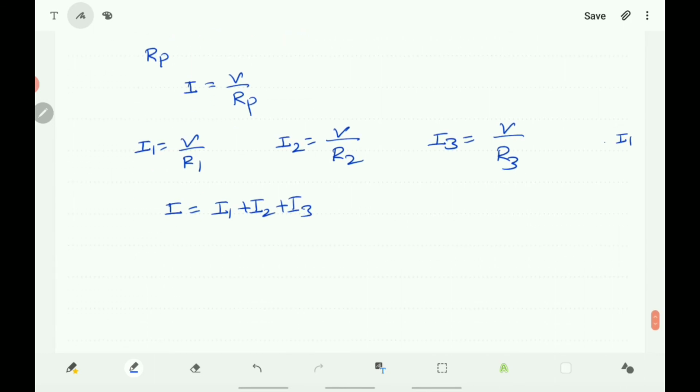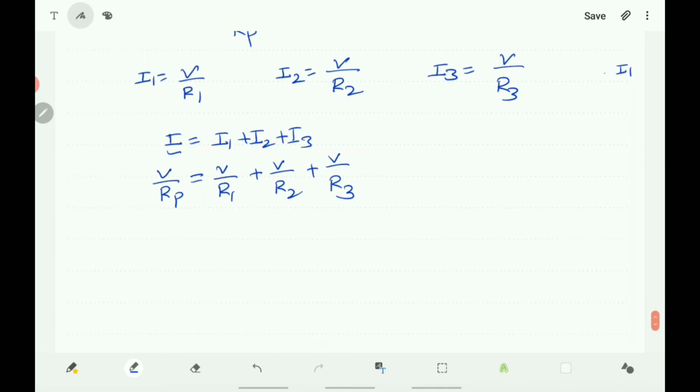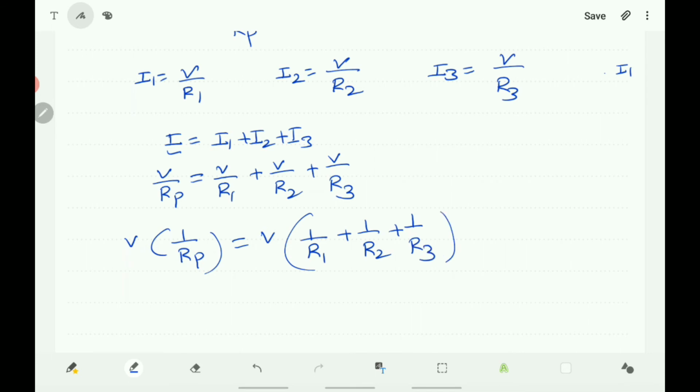I1 is V by R1, I2 is V by R2 and I3 is V by R3, and I is V by Rp. And here it becomes V into 1 by Rp equals V into (1 by R1 plus 1 by R2 plus 1 by R3).